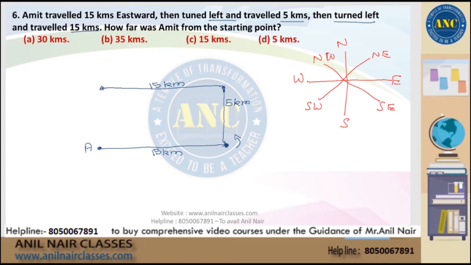Now, how far was Amit from the starting point? Correct? So, this ending point is this, starting point is this. Now, we can observe that this direction and this direction are the same. So, starting point and ending point are in one straight line. Correct? So, when they are in one straight line and this line is in parallel with this line.